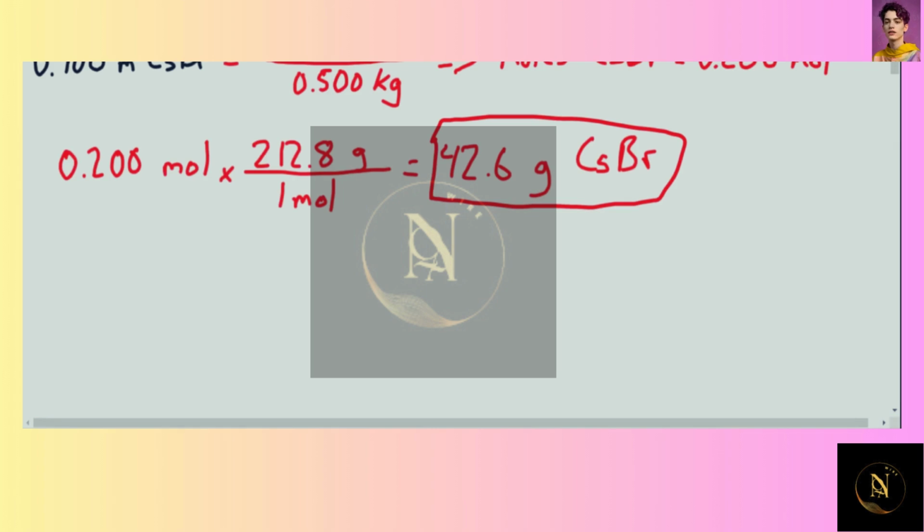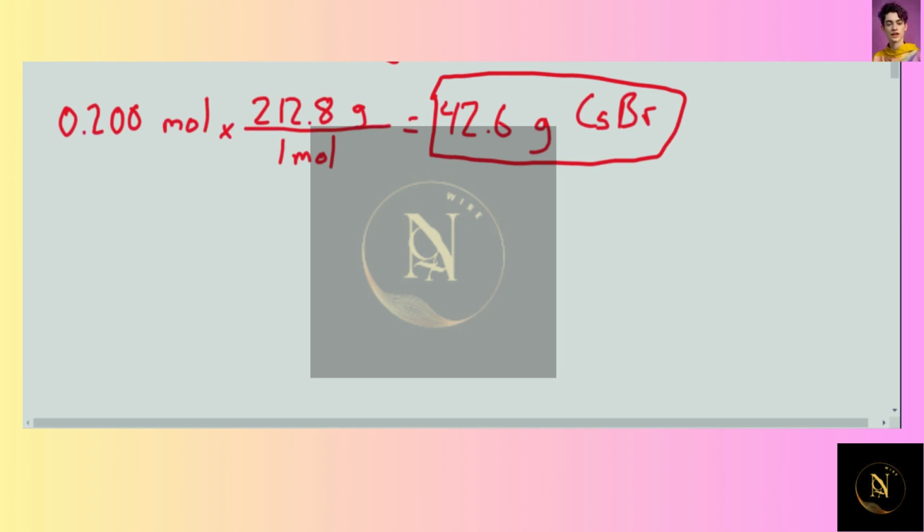Second, we're asked, what is the mole fraction of this solution? And then mass percent. So we know moles of cesium bromide already. We just need to calculate moles of water. So we have kilograms as 0.500 for water.